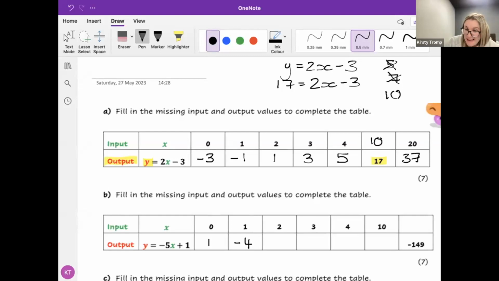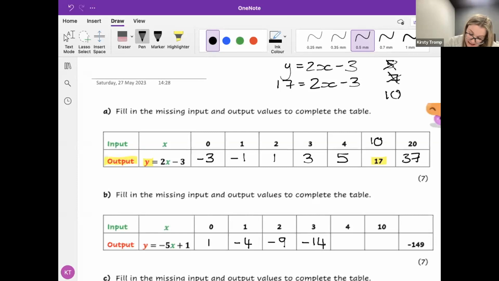Okay, negative 5 times 2 is negative 10, and negative 10 plus 1 gives me negative 9. Negative 5 times 3 gives me negative 15, and negative 15 plus 1 will give me negative 14.